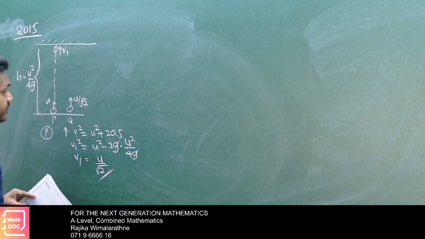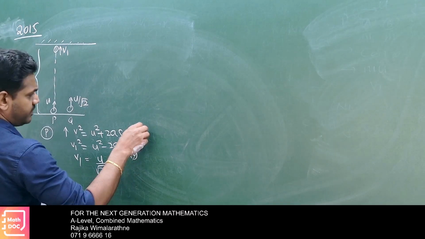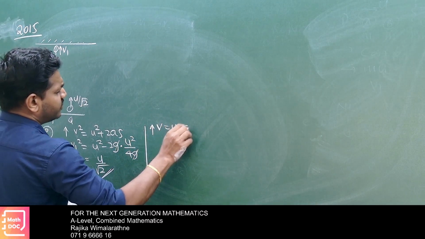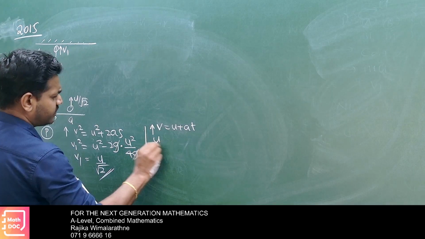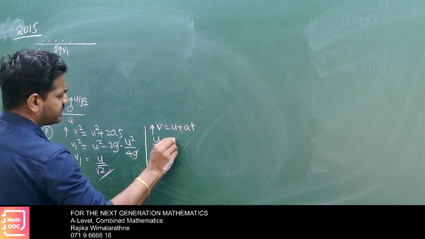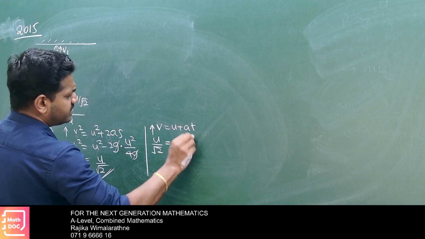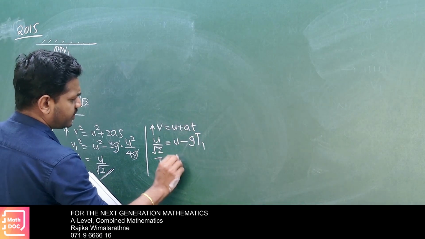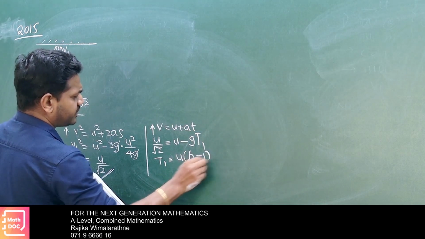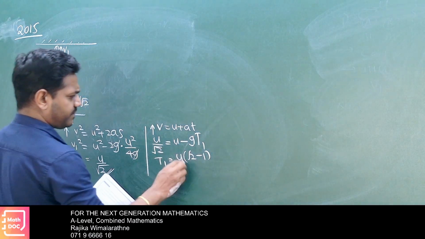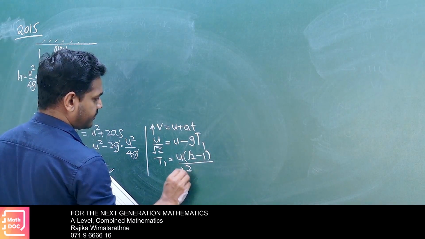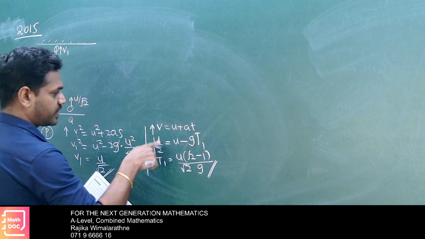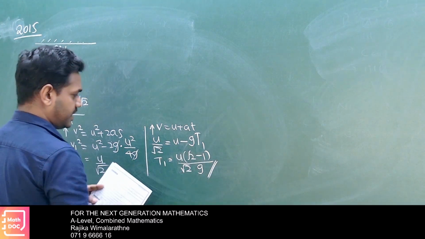And time t1: again for particle P, use v equals u plus at, v equals u over root 2, initial velocity u, minus g t1. T1 is (root 2 minus 1) u over root 2 g. So t1 is root 2 minus 1, that is it.